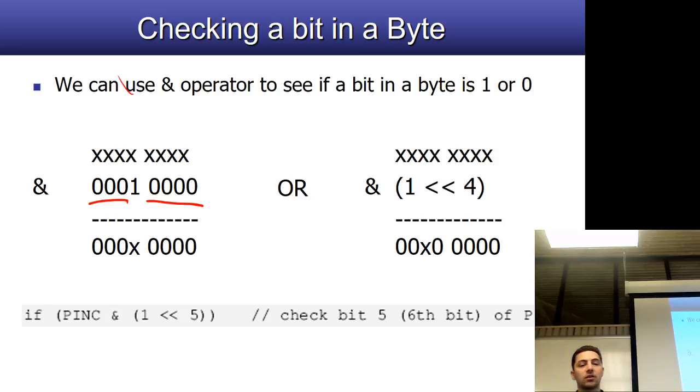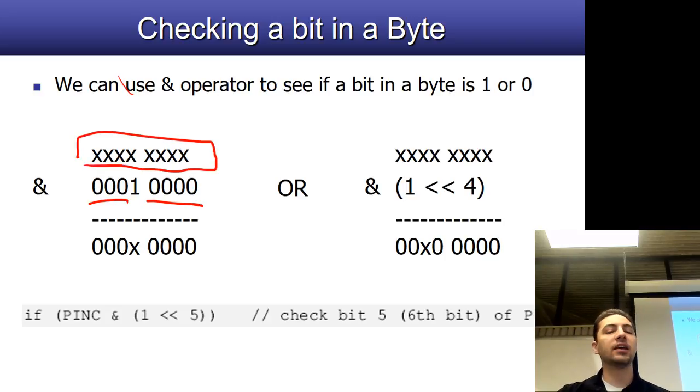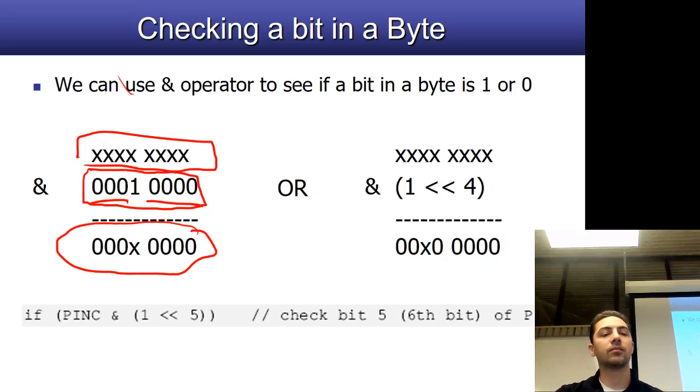Set them all to 0. So you take pin C, and this is pin C here, and you AND it with a mask of bit 5. That's it. It's all that's set to 1. Now, if bit 5 in pin C is a 0, what is the result? It's 0. If bit 5 is a 1, what is the result?